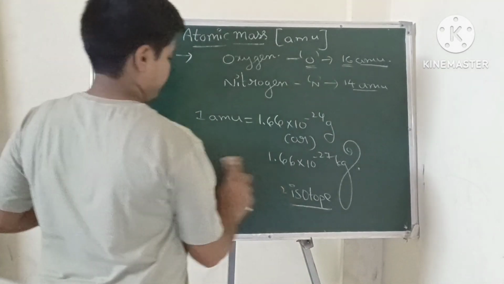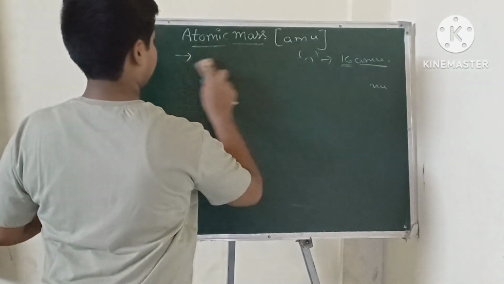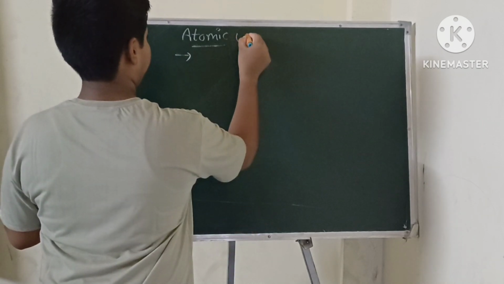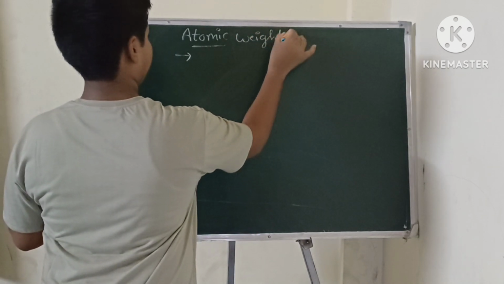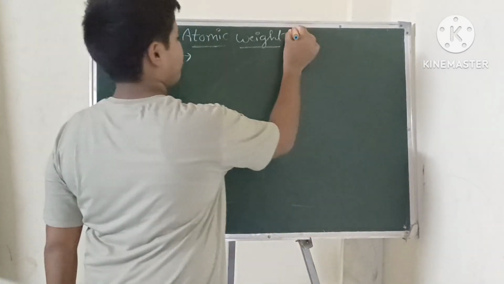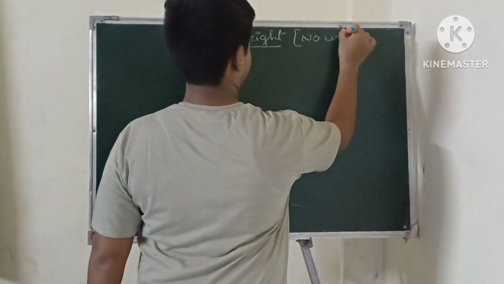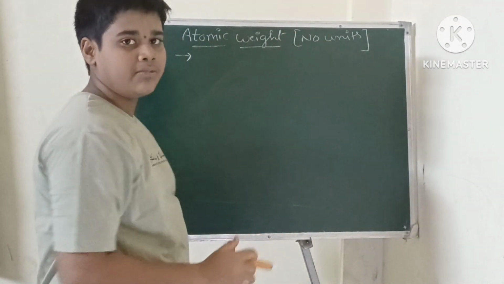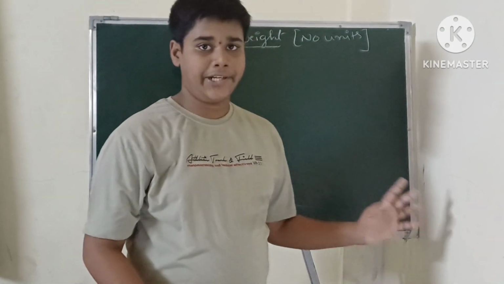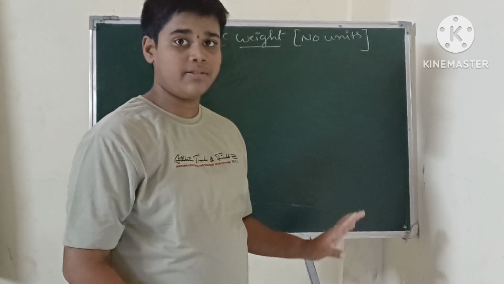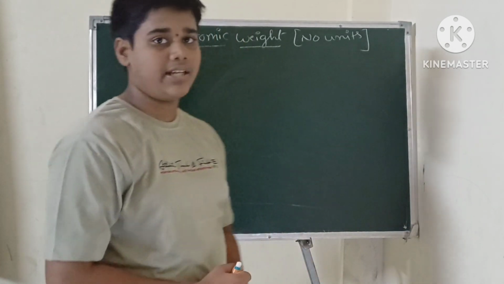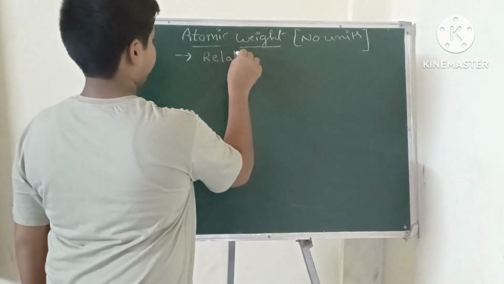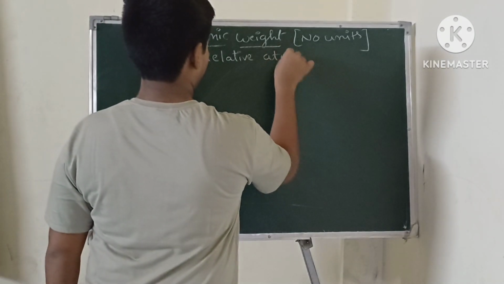And in this, another one: atomic weight. This atomic weight has no units. Atomic weight is nothing but the comparison between the oxygen atom's weight and the 1/12 part of the C12 isotope. Atomic weight is also known as relative atomic mass.